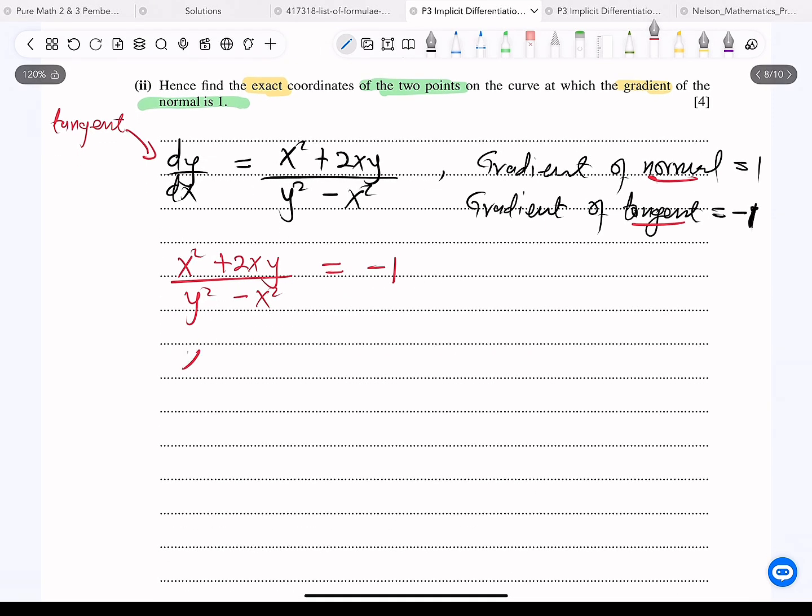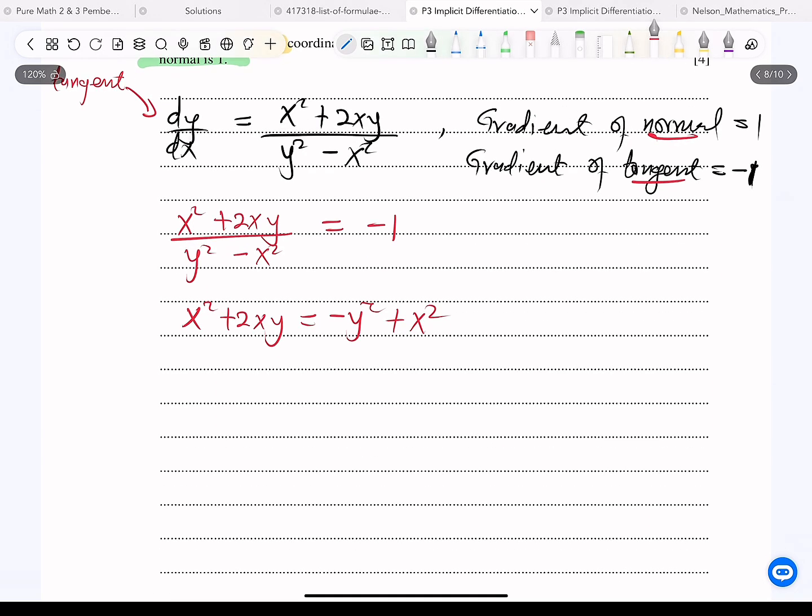All right, so I would cross multiply and I'm going to get -y squared plus x squared. Now as you can see, x squared will cancel x squared and I'm going to have 2xy minus y squared is equal to 0. I do not want to cancel both sides by y because I'll lose some of my answers, okay?